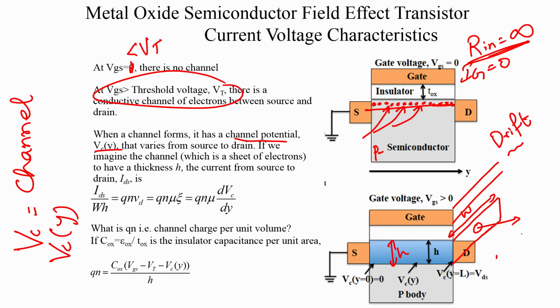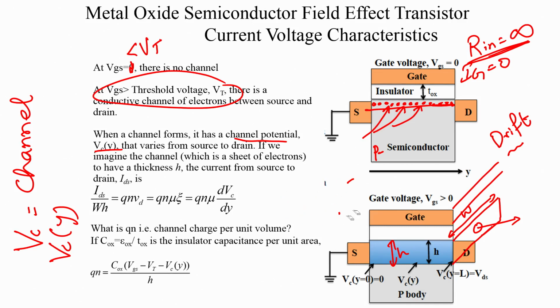So, what is the total current? The total current, which is your IDS, is basically this current density into the area of cross section, and what is the area of cross section? It is basically W into H, where W is the channel width and H is the thickness of this electron sheet, okay.